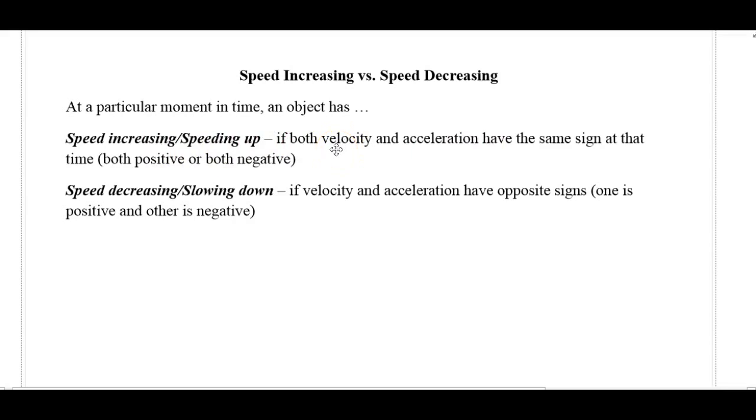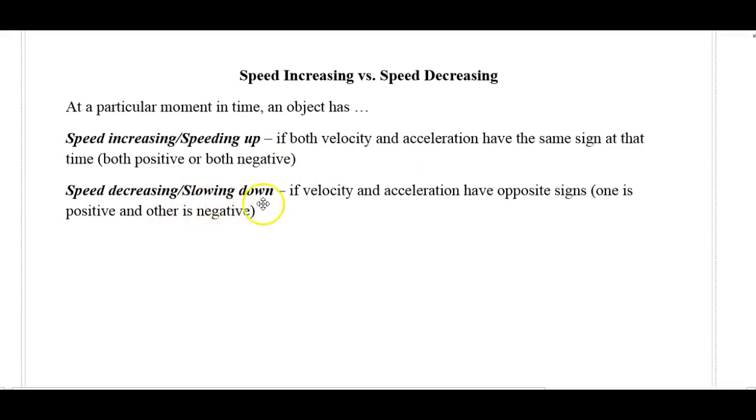Similarly, although it would be really dangerous, you could be in reverse, so your velocity would be negative, you would be going backward, but you could still be accelerating in a negative direction by stepping on the gas. So if velocity and acceleration both have negative signs, meaning that you're going backwards, you're still speeding up, just in reverse. Dangerous, but possible. So that would be an example of speeding up in terms of velocity and acceleration having the same sign.